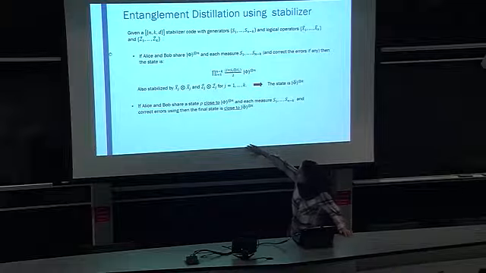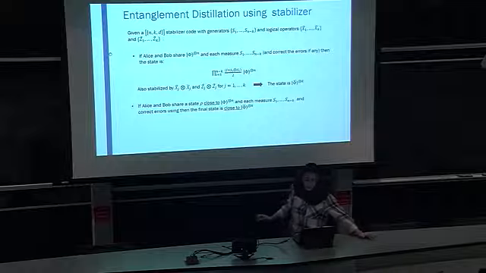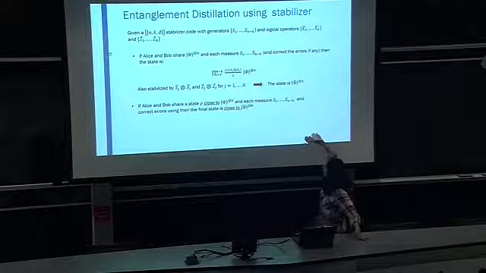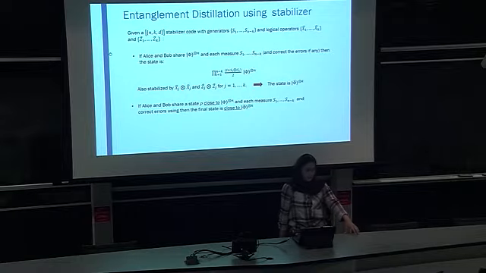And it's easy to see that this state is also stabilized by xj bar tensor xj bar and zj bar tensor zj bar, which means that this final state is basically the encoded maximally entangled state on k qubits.